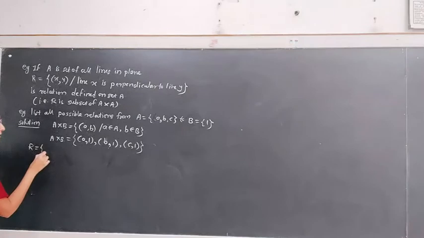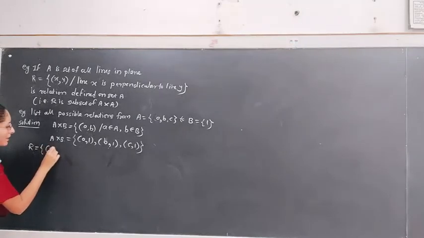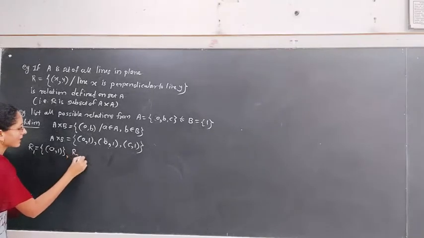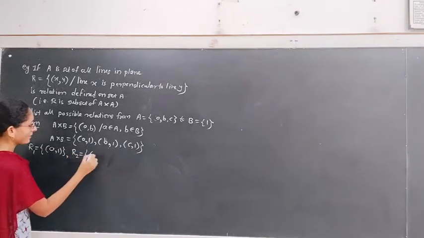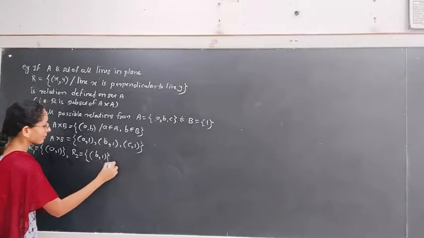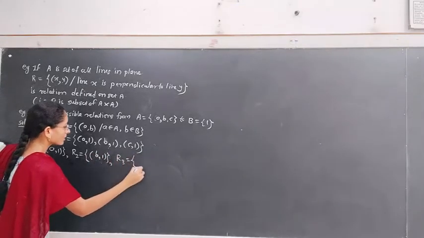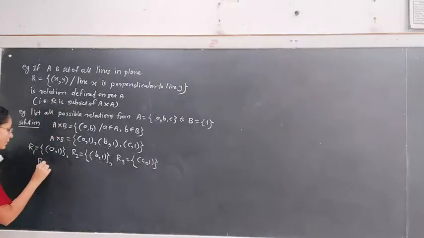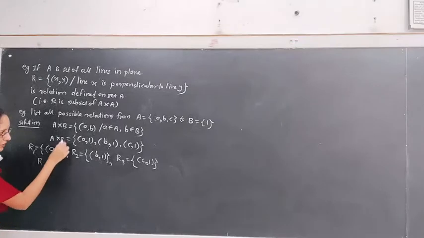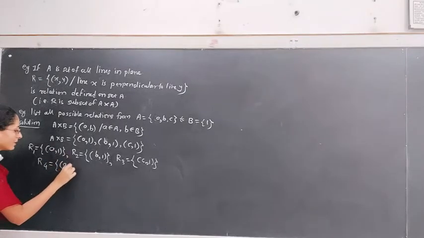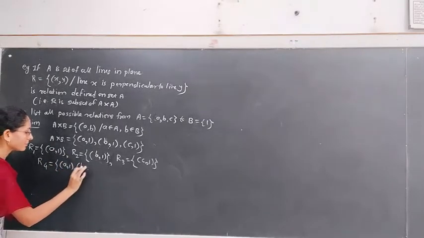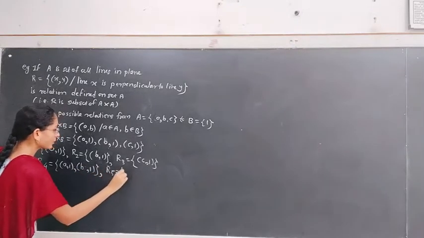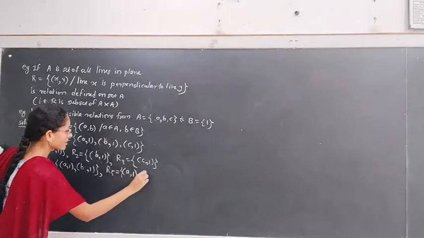R is equal to the set having only one element (a,1). Suppose this is the first relation R1. Second is the set having element (b,1). R3 is equal to the set {(c,1)}. R4 is equal to the set consisting of two elements of the set A cross B, (a,1), (b,1). R5 is equal to {(a,1), (c,1)}.